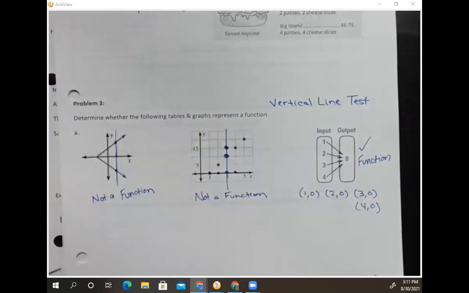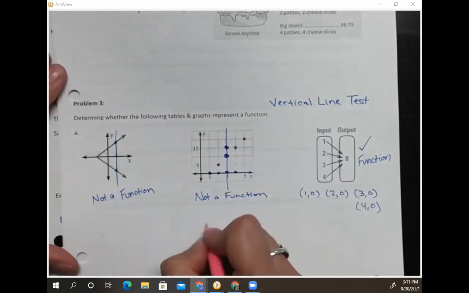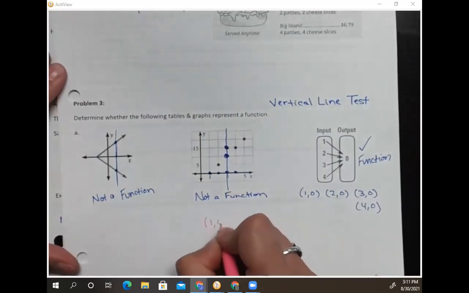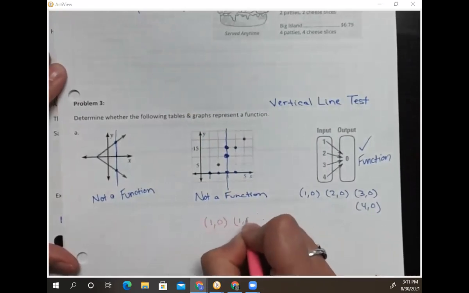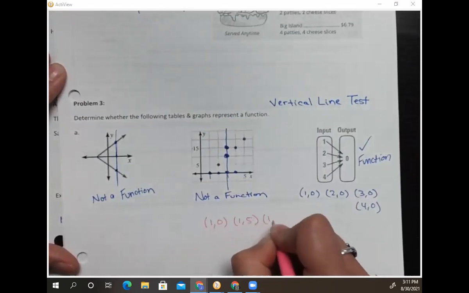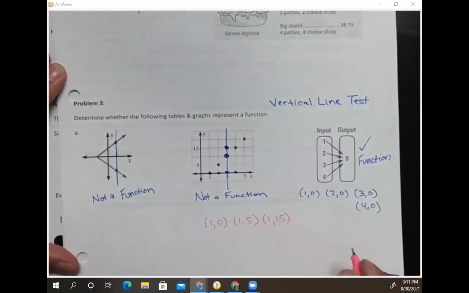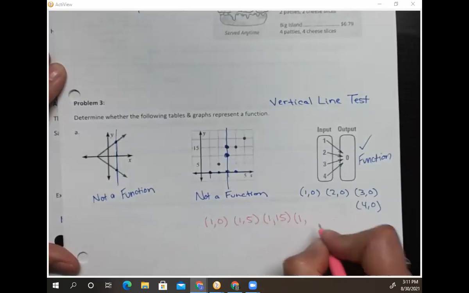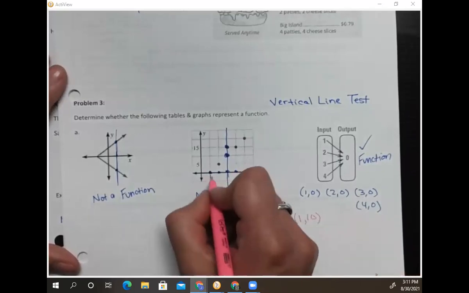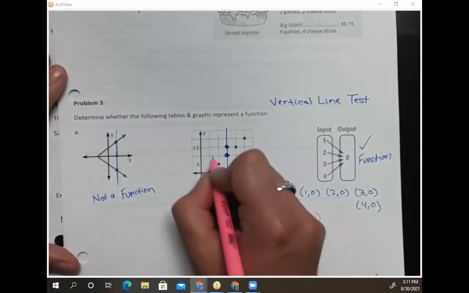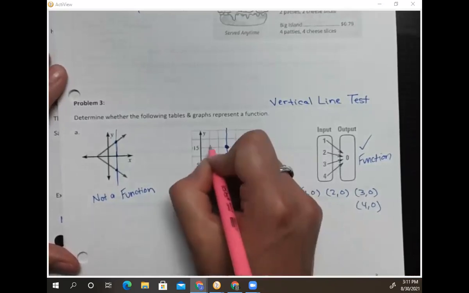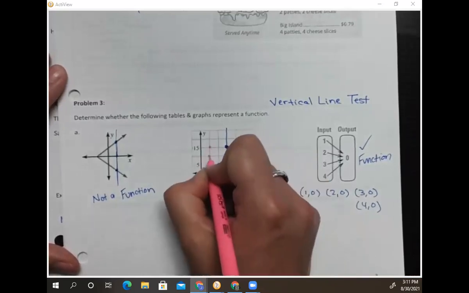Now, I would have a problem if I did something like 1, 0, 1, 5, 1, 15, 1, 10, let's say. So to plot that, I would have a point here, and a point here, and a point here, and a point here.